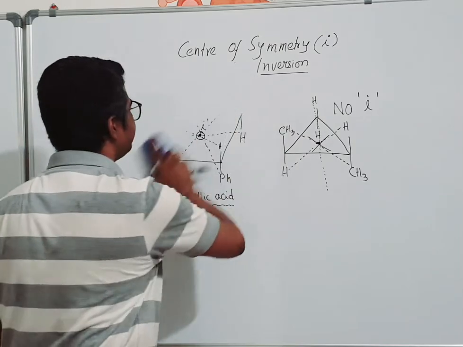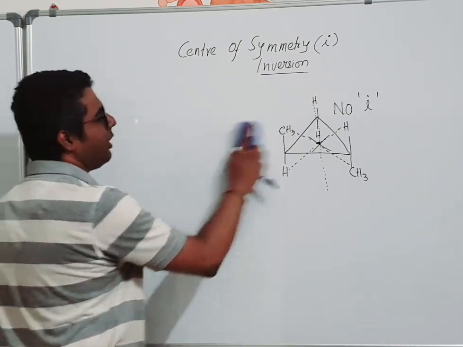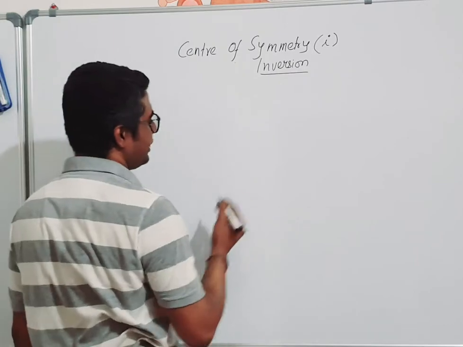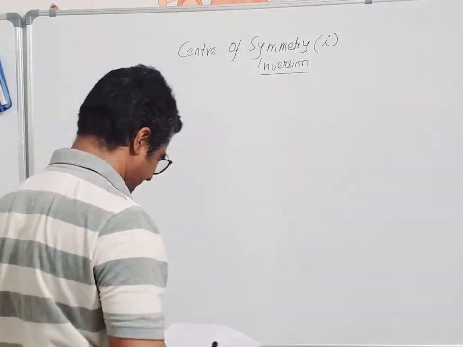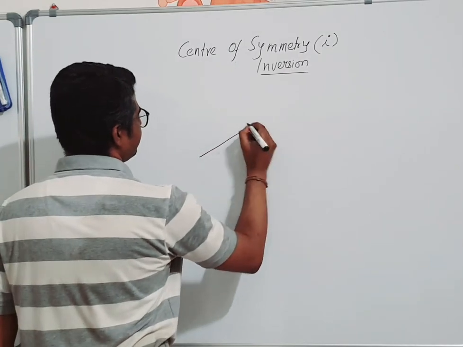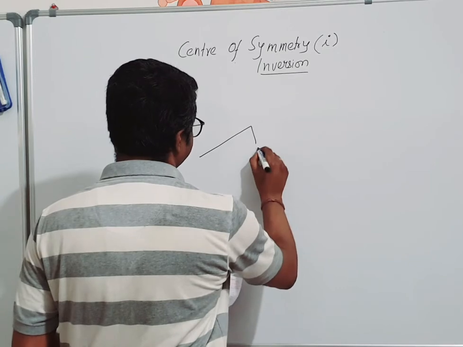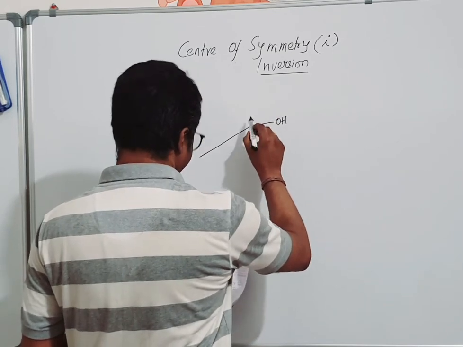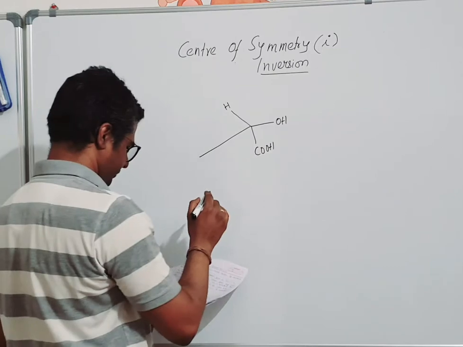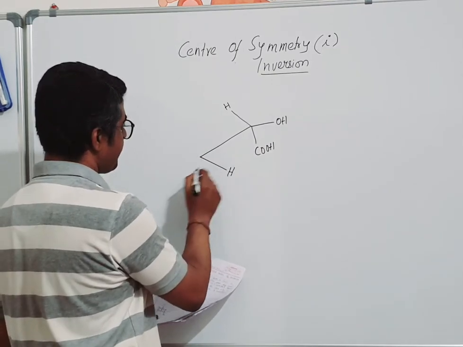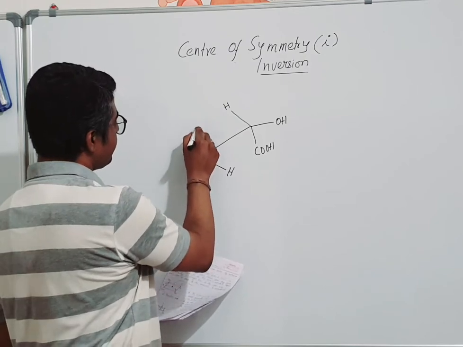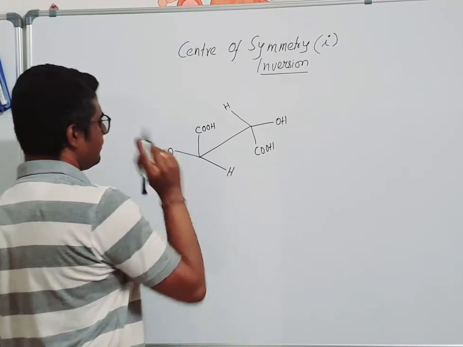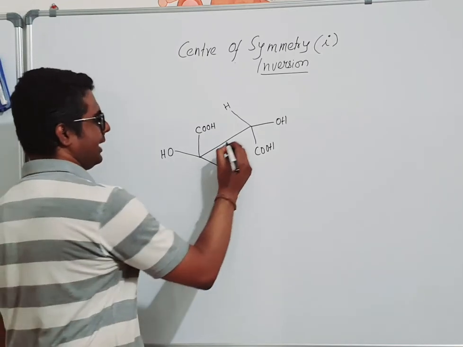Those who have already gone through the optical isomerism part will be very much familiar with tartaric acid, the mesotartaric acid, right? This is tartaric acid. Now let us see whether it has a center of symmetry or not.